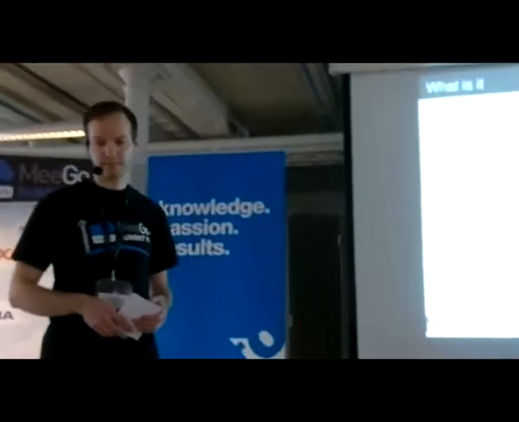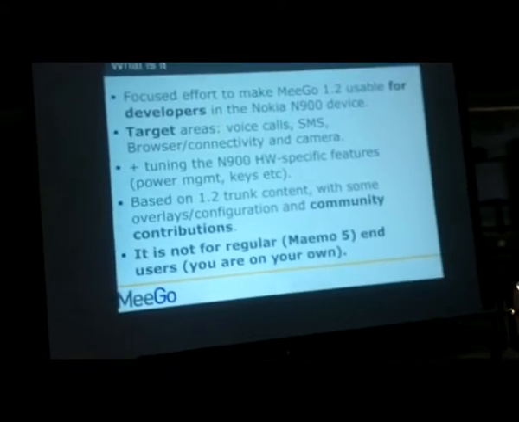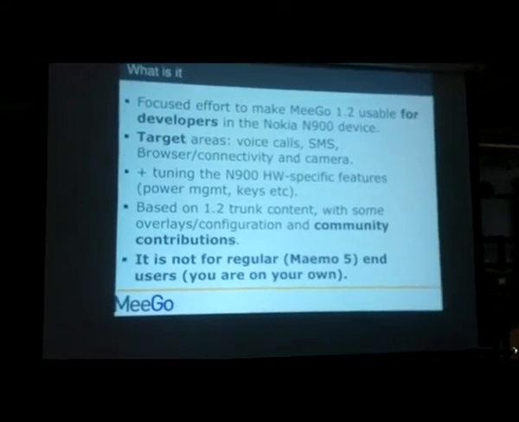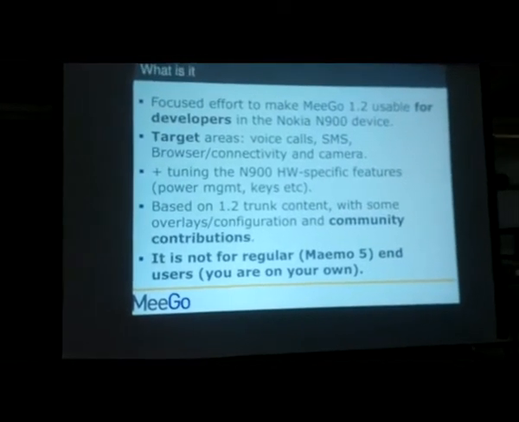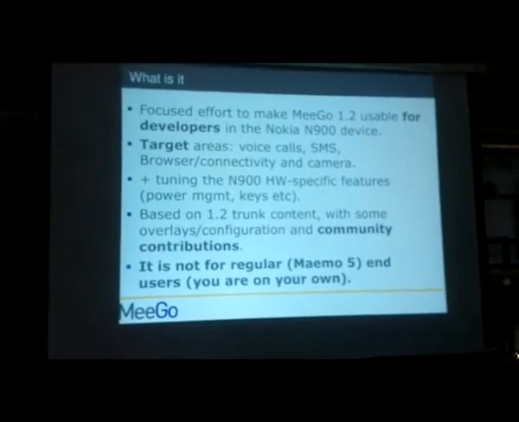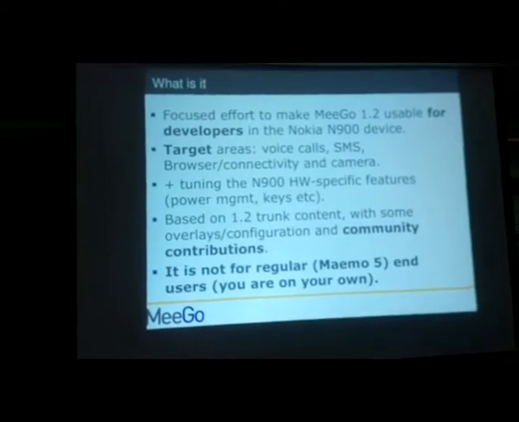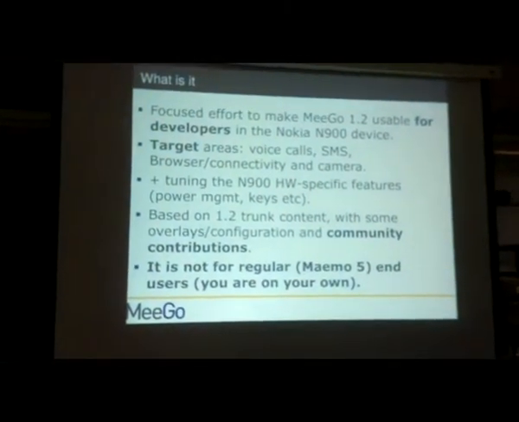So, first of all, what is this Developer Edition? It's a focused effort to make the MeeGo 1.2 release usable as a developer hacker version on the Nokia N900 device, meaning that you can actually really use it.